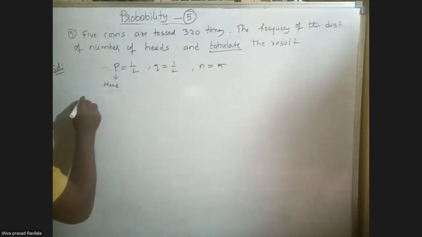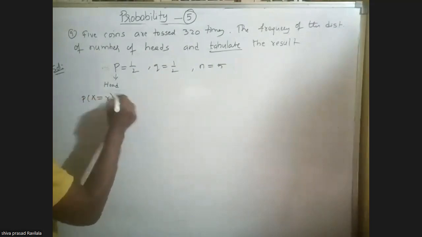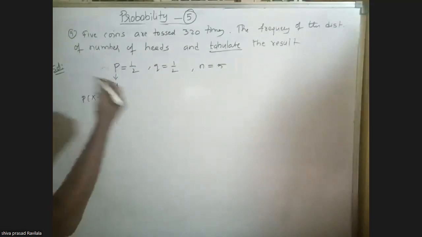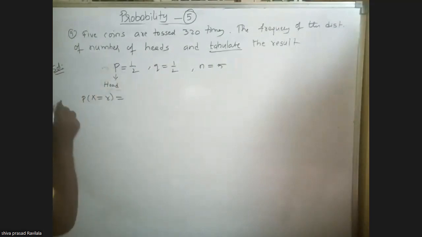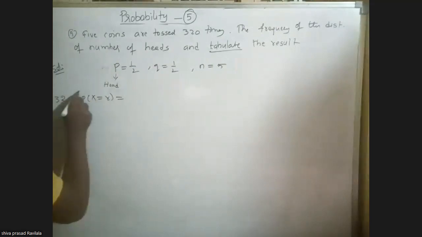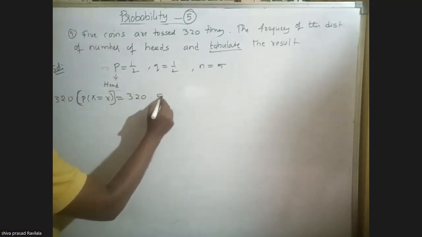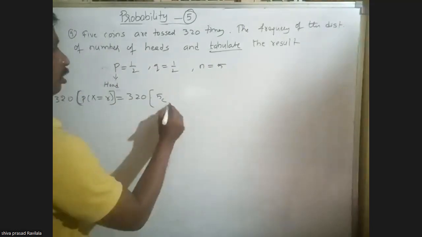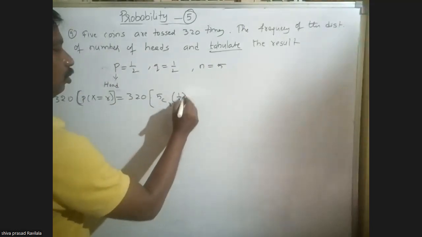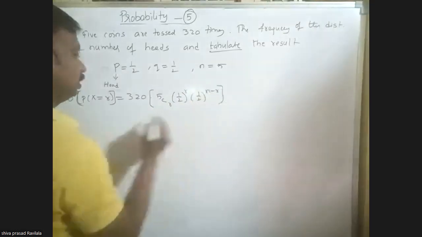Therefore, probability of x is equal to r, and the frequency is 320 into probability of x is equal to r. We have to find it like this. That is 320 into 5Cr, writing the nCr formula directly, into 1 by 2 whole power r into 1 by 2 whole power n minus r.